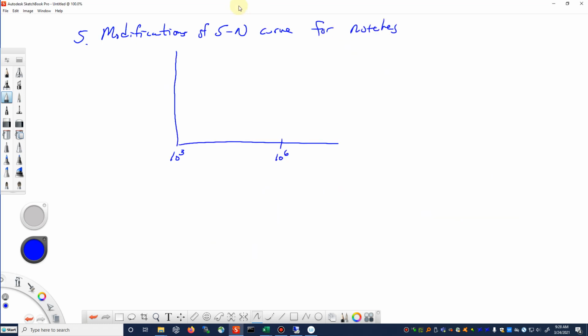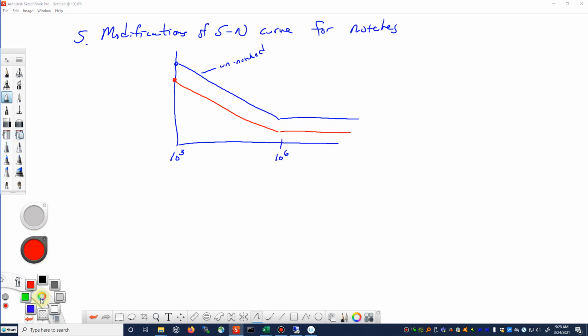So what can we do to modify an SN curve for situations where we have a notch and maybe we don't have Kf, maybe we do? If we have the unnotched SN curve, then we might approximately have something that looks like this. Put this in a different color. Maybe our notched SN curve would look something like this.